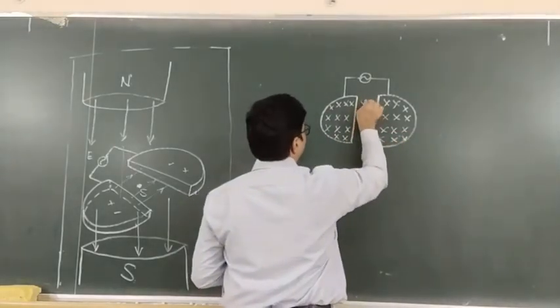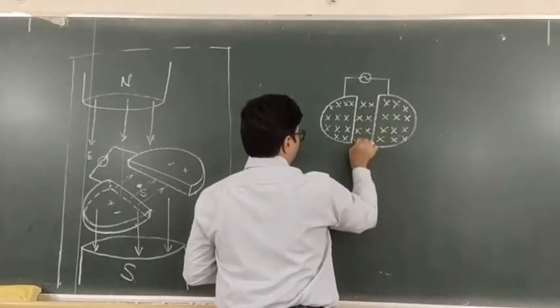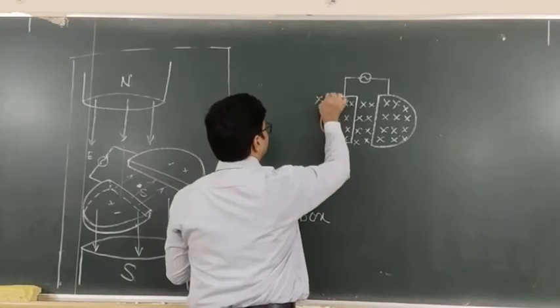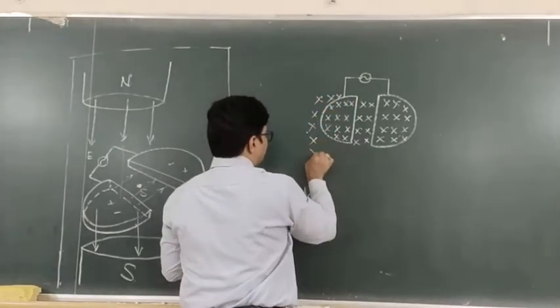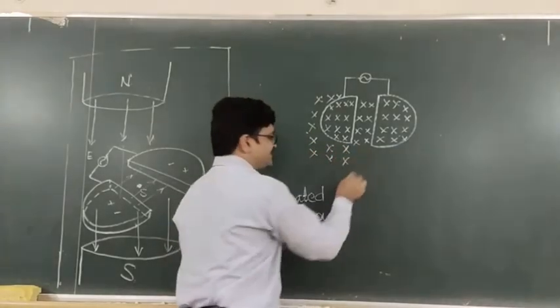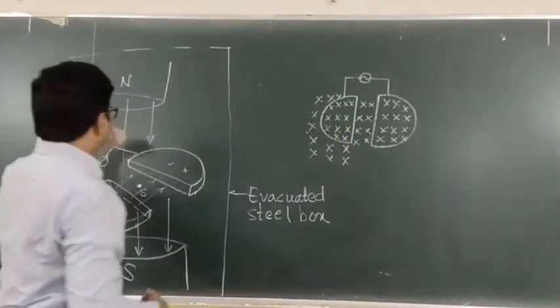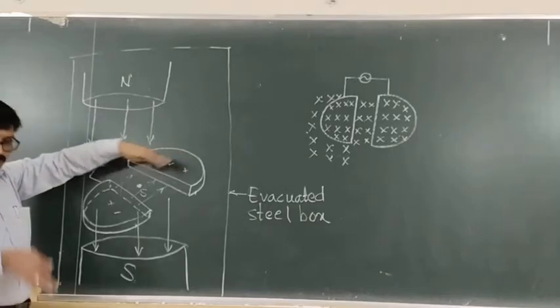So, what is the meaning of cross? If the magnetic field or direction is shown as a cross like this, then it implies that the magnetic field is entering perpendicular to this board, inside. As you can notice here, suppose I am observing the D from the top.